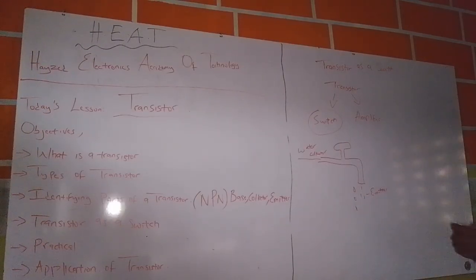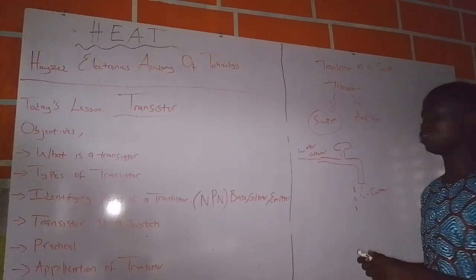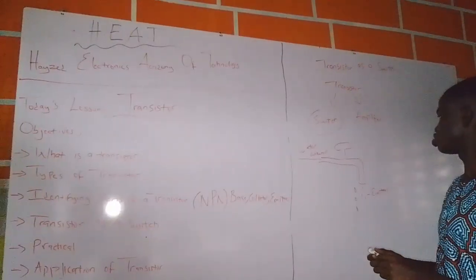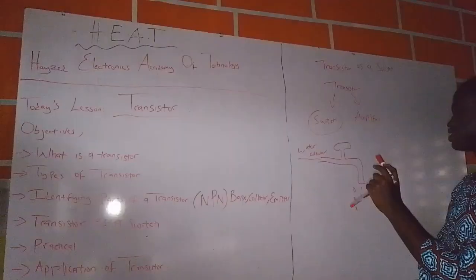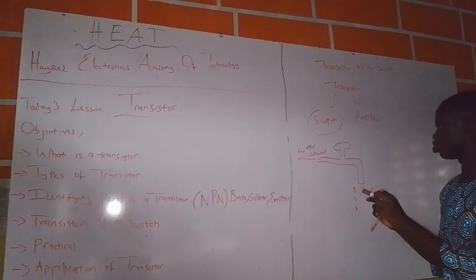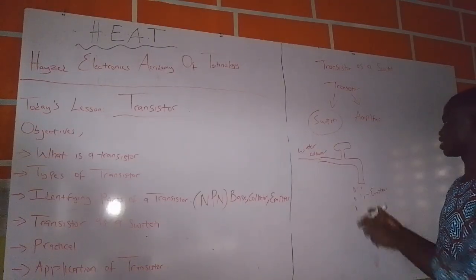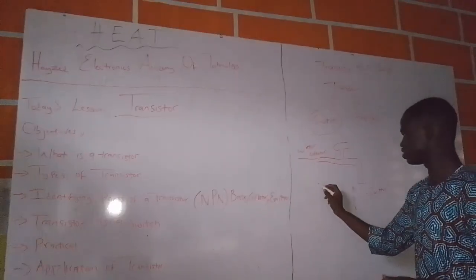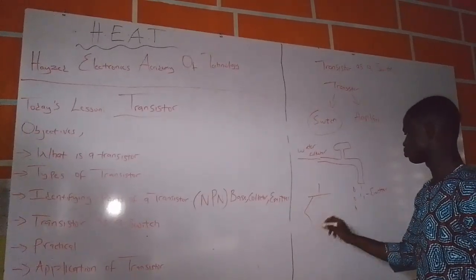It means that if you supply a low current to the base of your transistor, it is going to turn on slightly, not very wide.